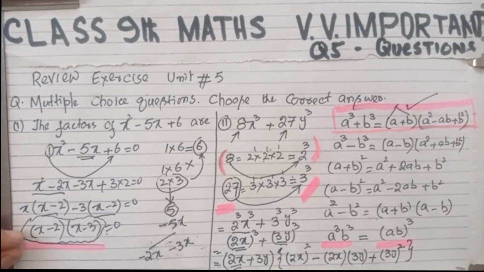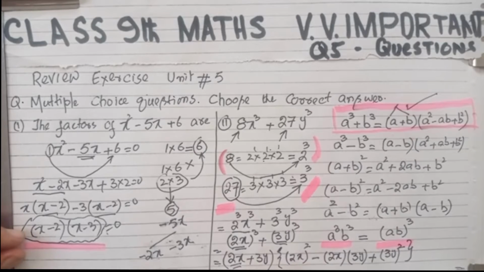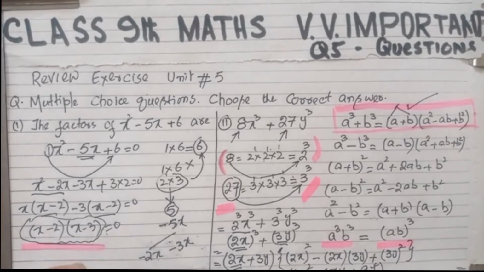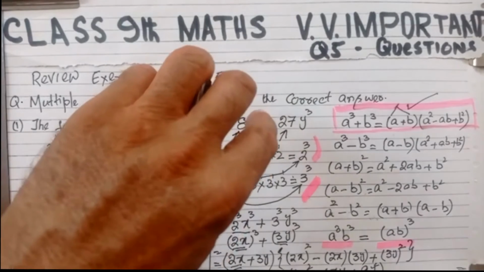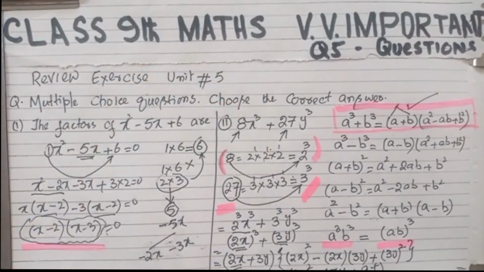Now I will write the final step: (2x plus 3y) times (4x square minus 6xy plus 9y square), since 2 3s are 6. This is the accurate answer, the expansion by formula.